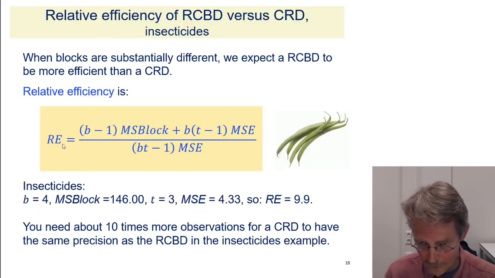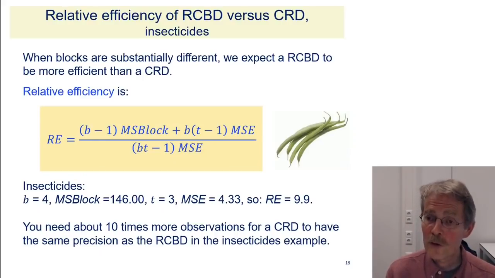What does it mean that the relative efficiency is 9.9? It means that if you don't block, if you take a completely randomized design instead, you need 10 times more observations to get the same precision, the same accuracy for comparing the treatments, in this case insecticides.